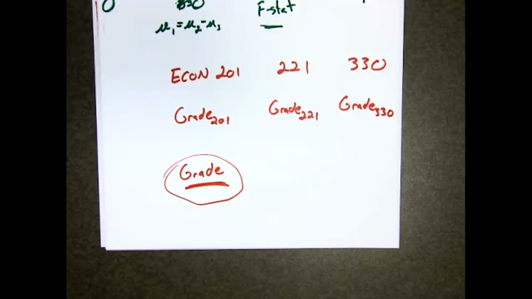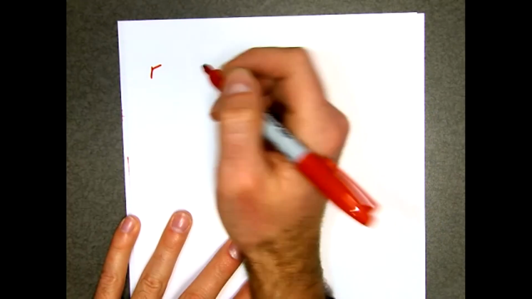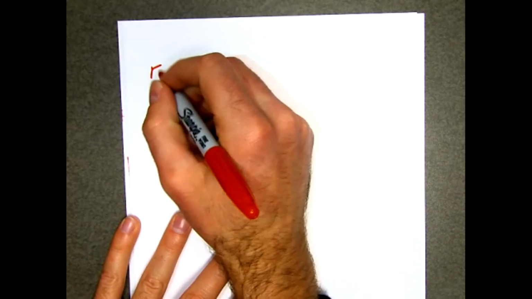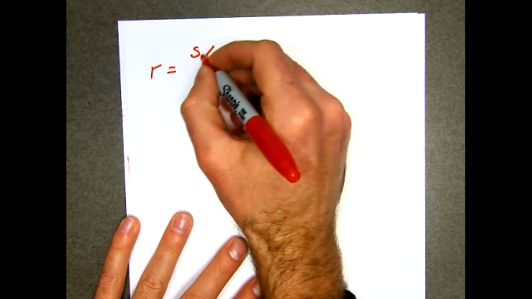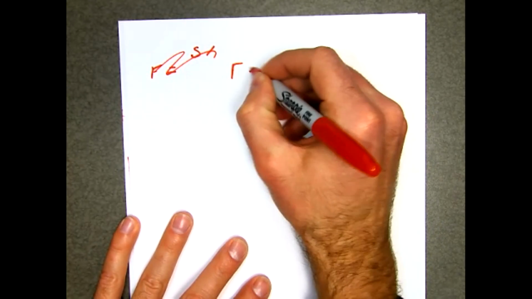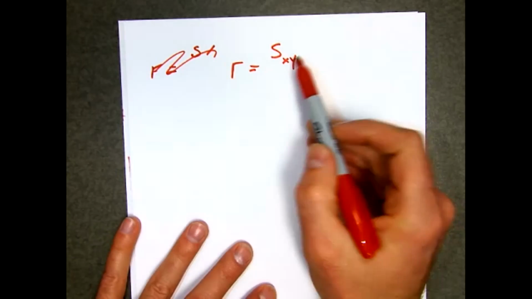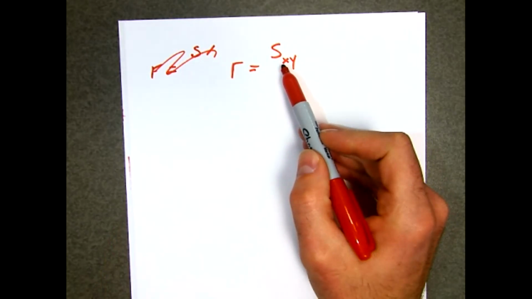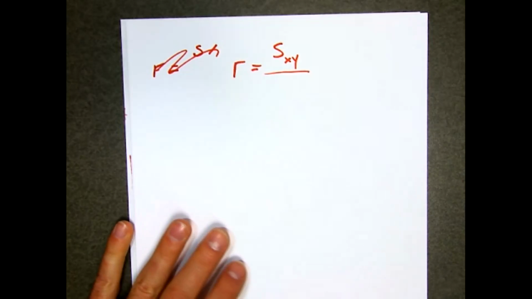So I'll compare this to something that we did before. It's really similar. So I'm going to go away from this for a second, and I'm going to come back. Remember when we were doing the correlation coefficient, where the sample is represented by R. We were taking the covariance between our X and Y variable, but we then said we need to scale it for the variance that existed within each variable.